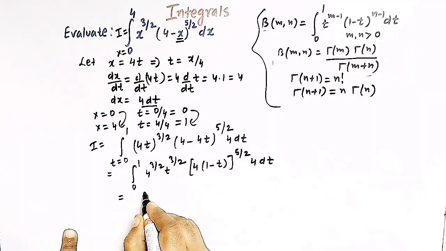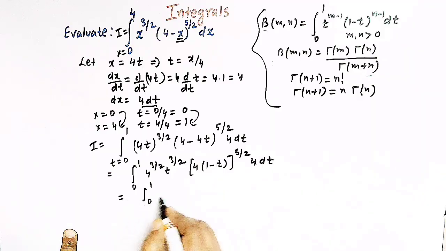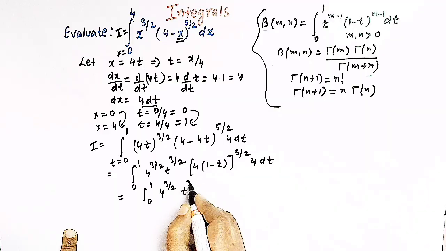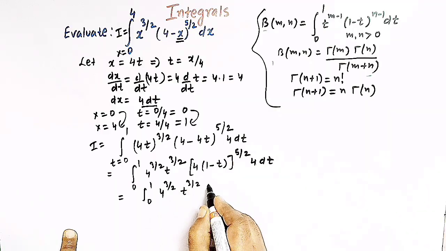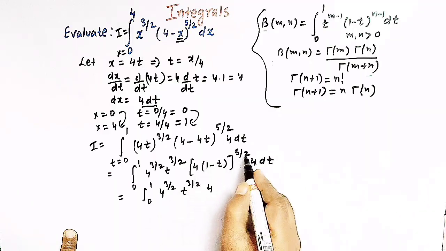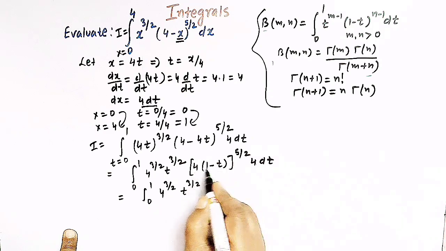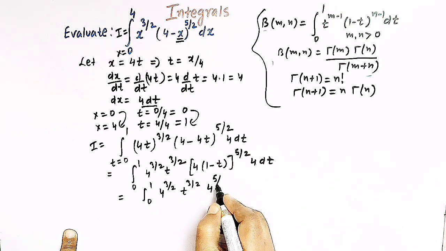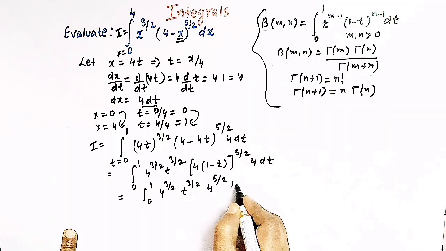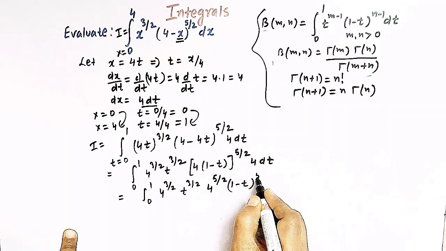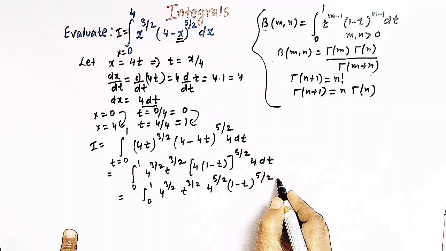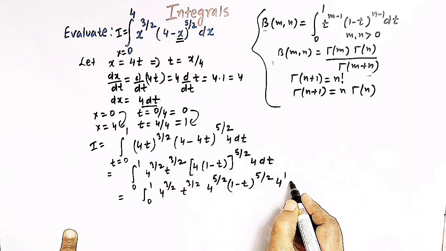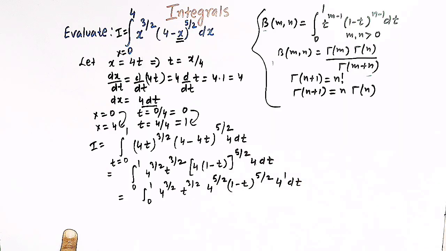So now we can write the integral from 0 to 1 of 4 raised to 3 by 2, t raised to 3 by 2, and then this exponent can be distributed over 4 and (1 minus t). So here we have 4 raised to 5 by 2, (1 minus t) raised to 5 over 2, and here we have 4, which can be written as 4 raised to 1, and here we have dt.